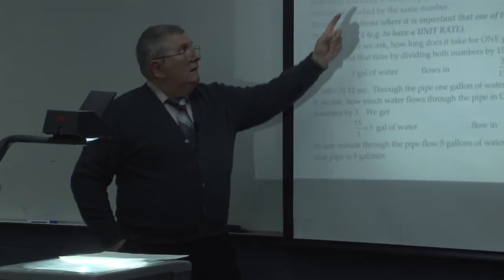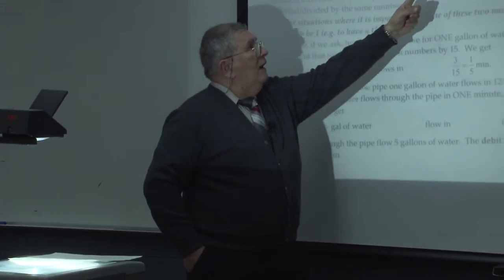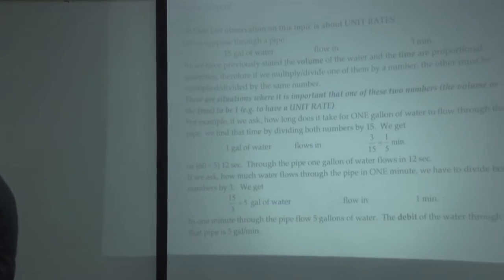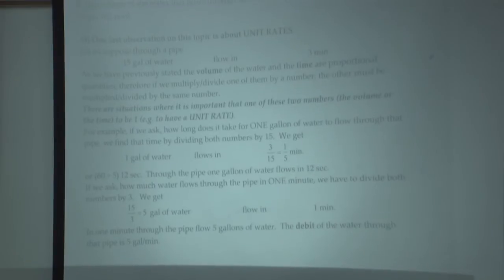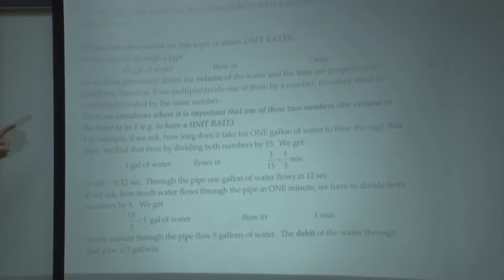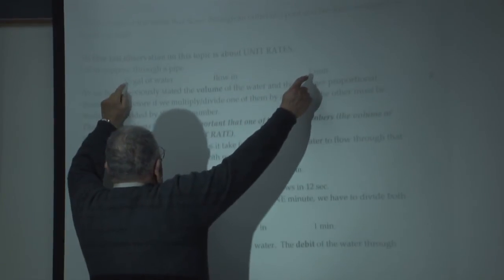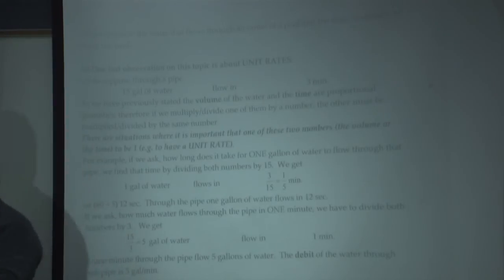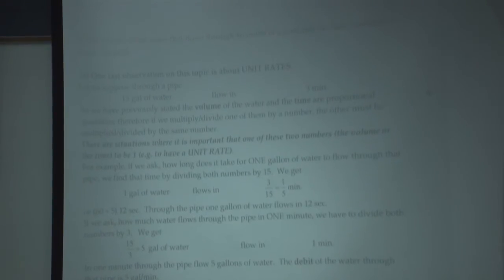The quantity of the water, the volume, and the time are directly proportional quantities. Now, generally, what we want, do you see, is one of these two numbers, 15 and 3, to change to 1, to have a unit rate.